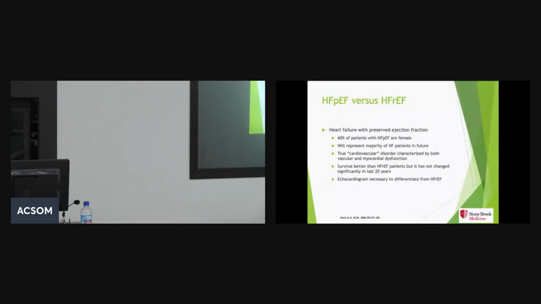Physical exam. Acute decompensated heart failure is a clinical diagnosis. If they come in volume overloaded, heart failure. That's a transesophageal echocardiogram. All you need is a transthoracic echocardiogram.